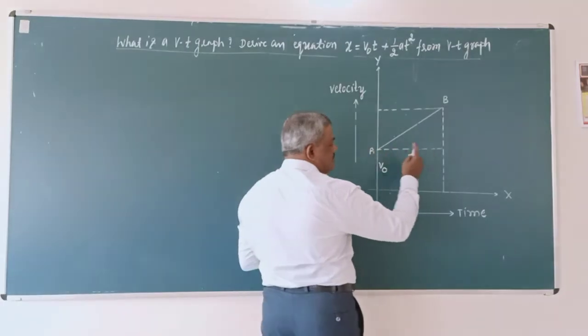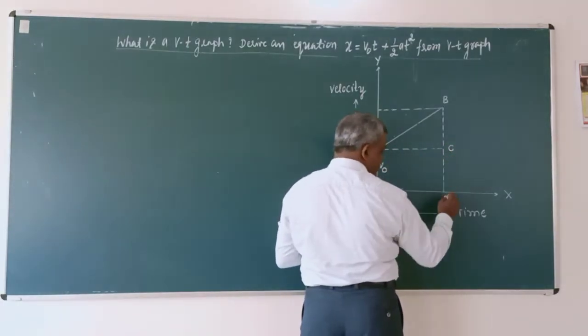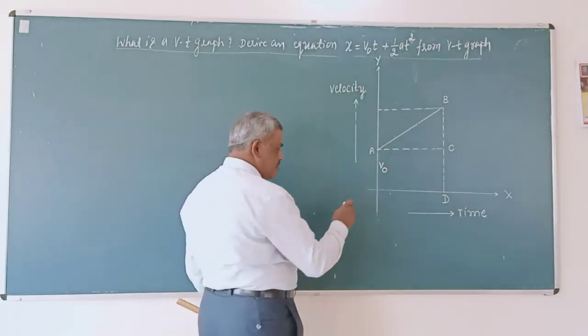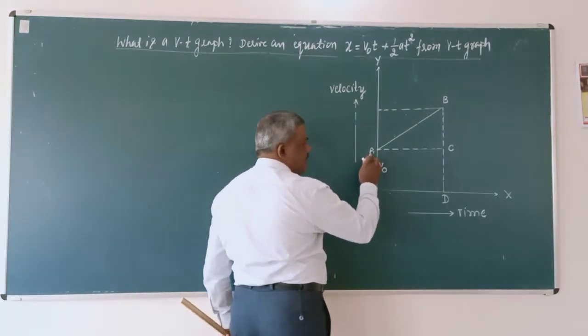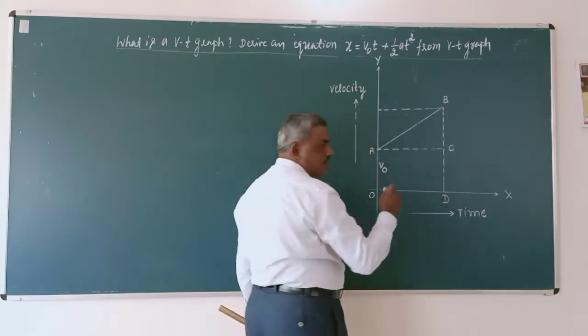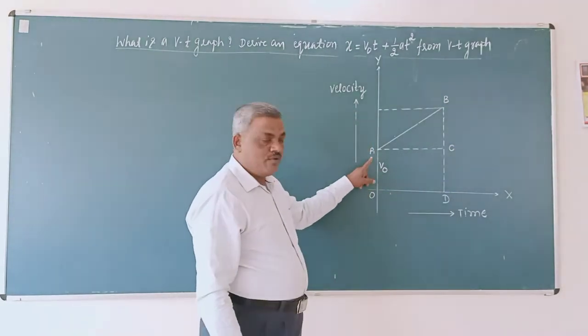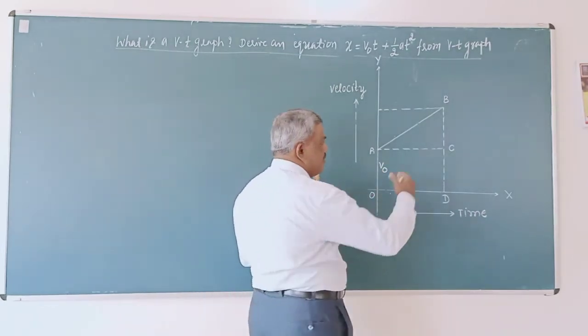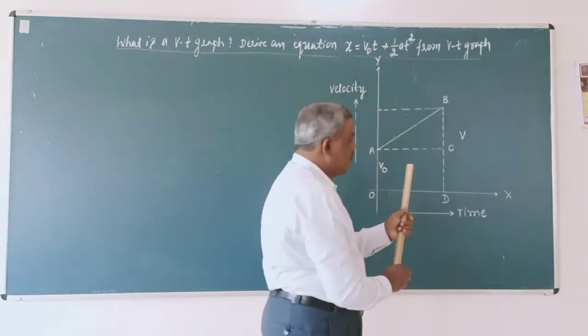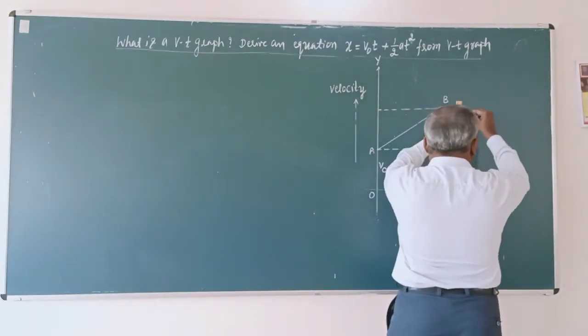Here the points are A, C and here A, B. Now mark the point here O, here A, then B, this is C, this is D. OA is the initial velocity. BD is the final velocity, V. So V is the final velocity.